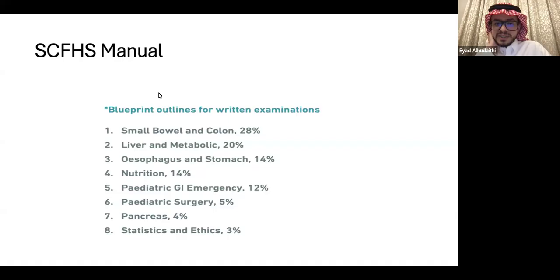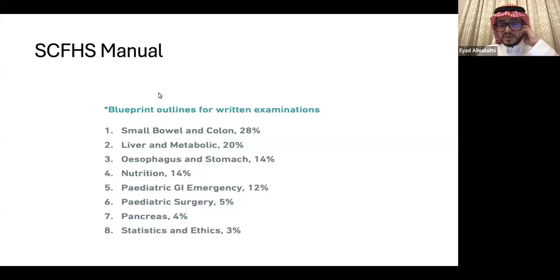Also, you can find domains like nutrition, those who present with growth failure, anemia, and pediatric GI emergencies, like those who present with acute severe ulcerative colitis or toxic megacolon.